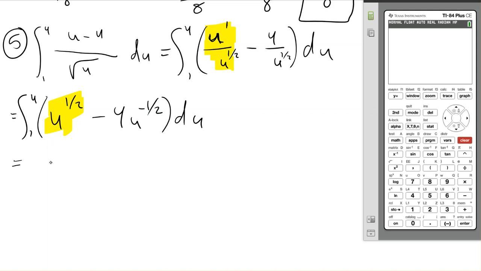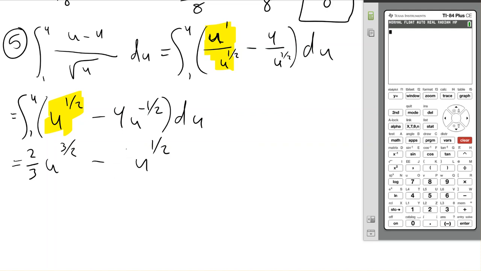So raise the power by 1, divide by the new power. Dividing by 3 over 2 is the same thing as multiplying by 2 over 3. So I just prefer to do it that way. And then of course check by doing the derivative. Over here, raise the power by 1, divide by the new power, and dividing by 1/2 is the same thing as multiplying by 2.